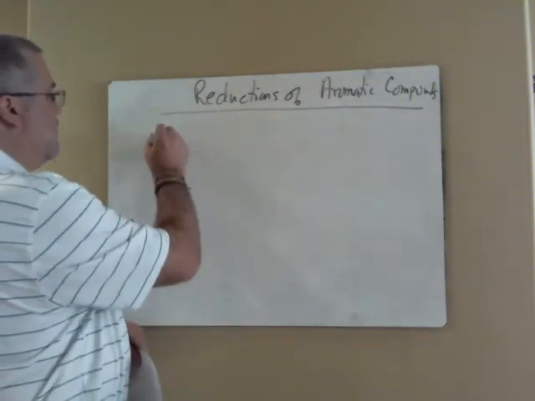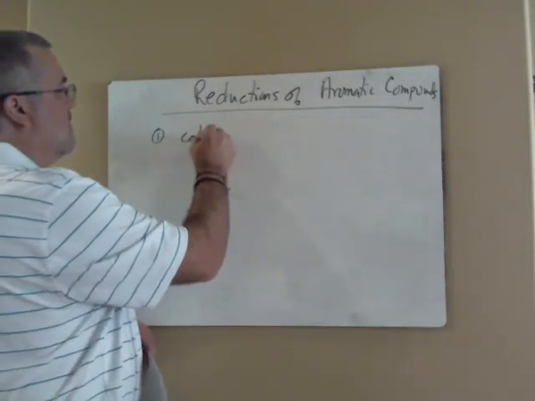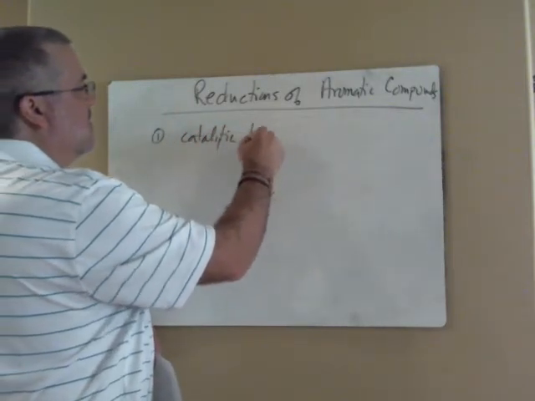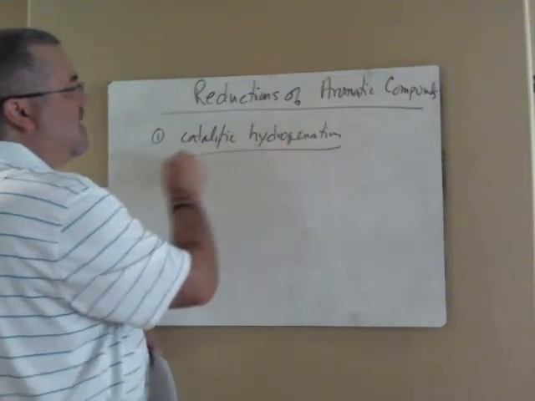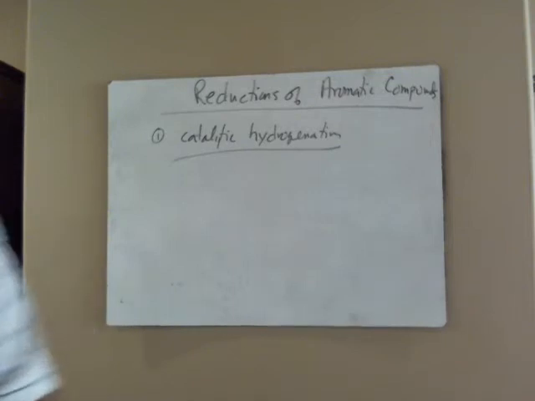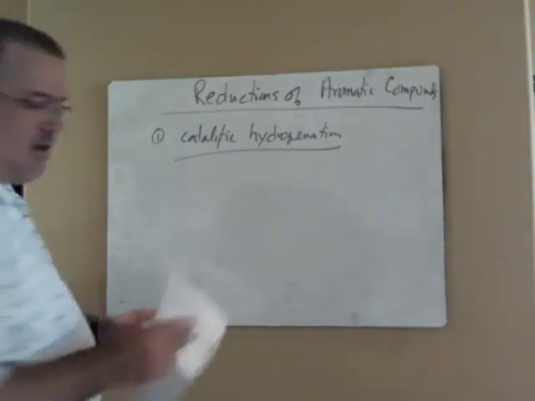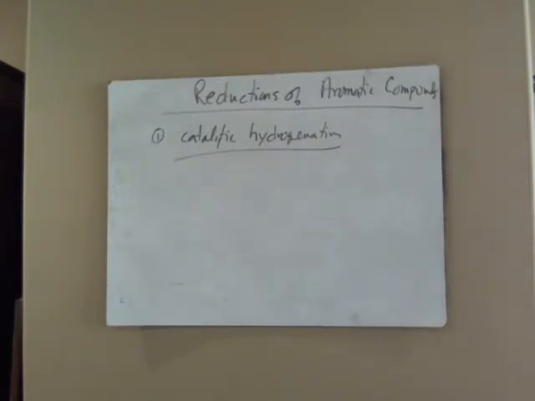So the first case is a catalytic hydrogenation. And remember, these were the reactions that were done in the outhouse out behind the chemistry building. Okay? And so, let me make sure that I'm going in order here.